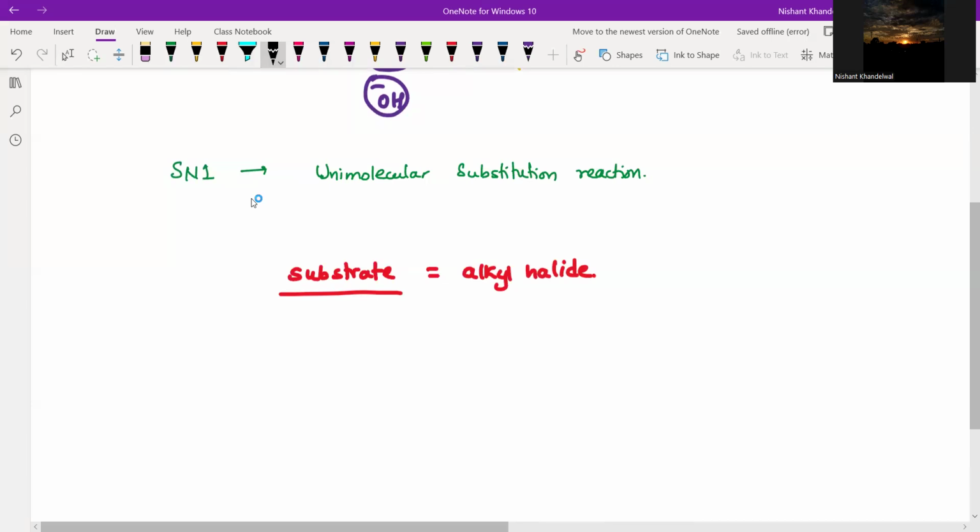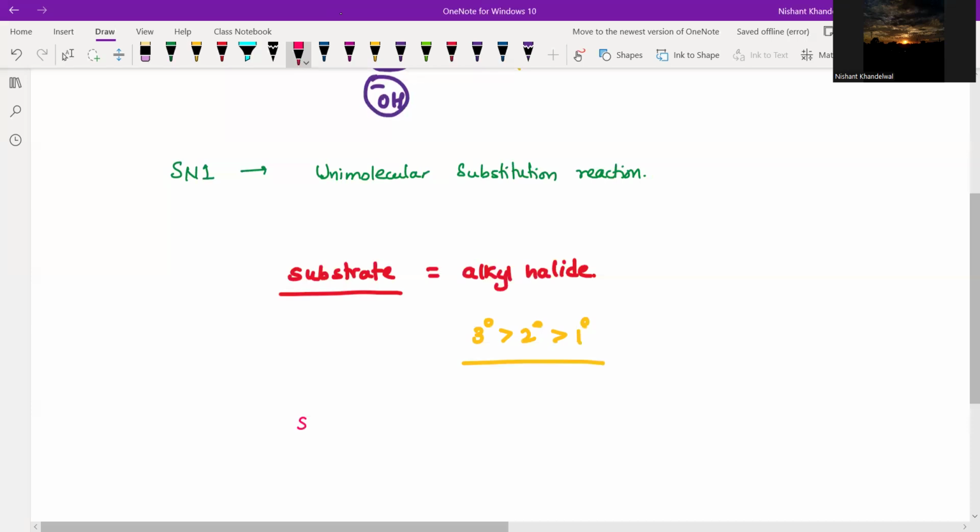The substrate structure also defines the rate of SN1 reaction. So if you have taken a tertiary substrate, this is the order of reactivity: tertiary, secondary, primary. I will add a few more to it, but initially you can remember that an alkyl halide, if it is tertiary, is more reactive than secondary and then primary.